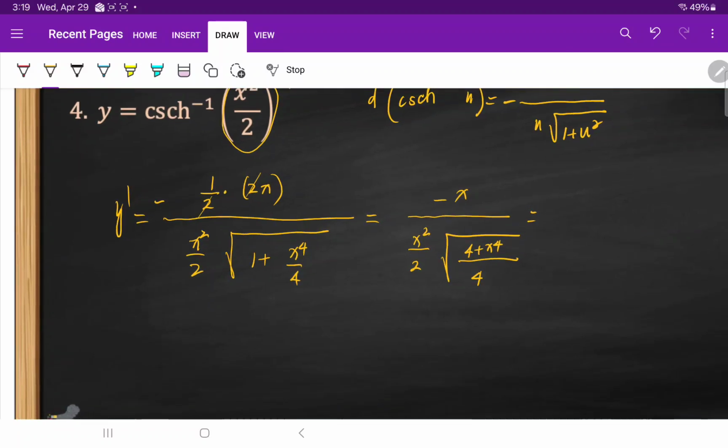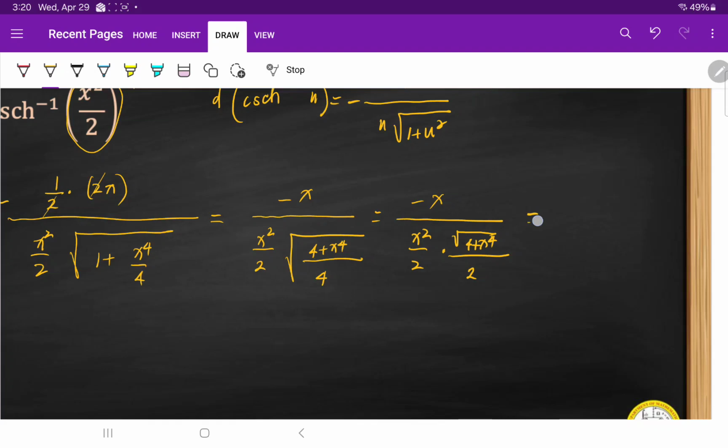And then simplify the denominator further. So we'll have x squared over 2. And this can be the square root of 4 plus x to the 4th over the square root of 4 is 2. So then we write this as minus x over x squared square root of 4 plus x to the 4th over 4.